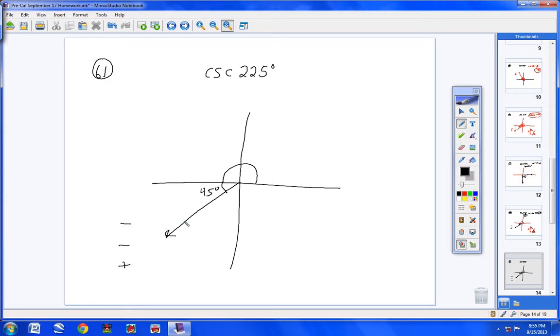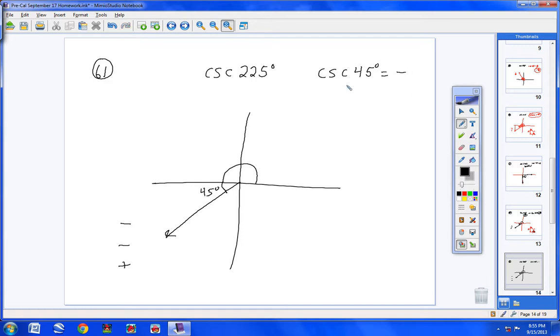Don't forget that. So if I'm trying to find the cosecant of 225, that would be the exact same thing as finding the cosecant of 45 degrees. It's identical as long as you remember to check your sign. And the inverse of cosecant is sine. And what is sine in this quadrant? Sine is negative. So you know your answer is going to be negative.